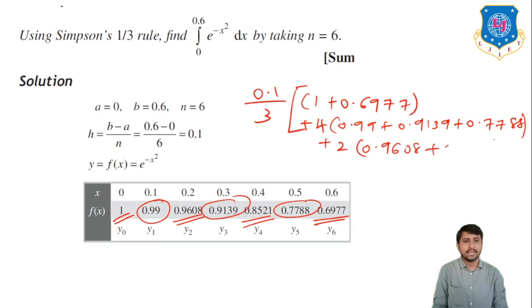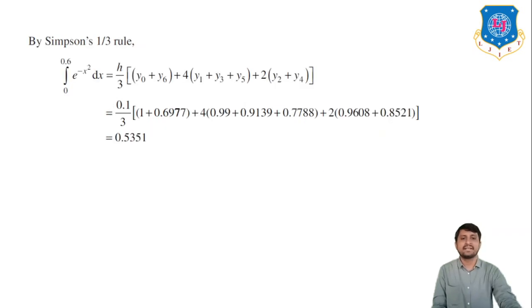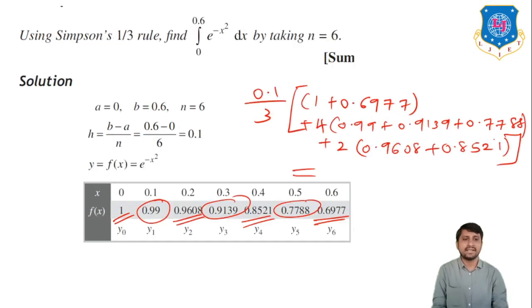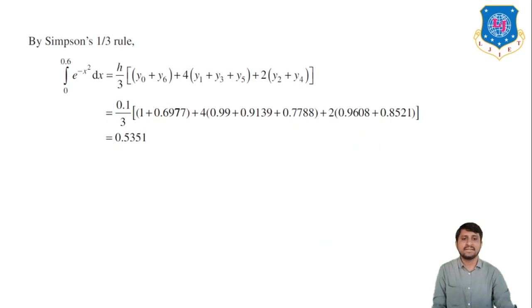So y0 plus y6 plus 4 into y1 plus y3 plus y5, with 0.99, 0.9139 and 0.7788, and the final answer is 0.5351.